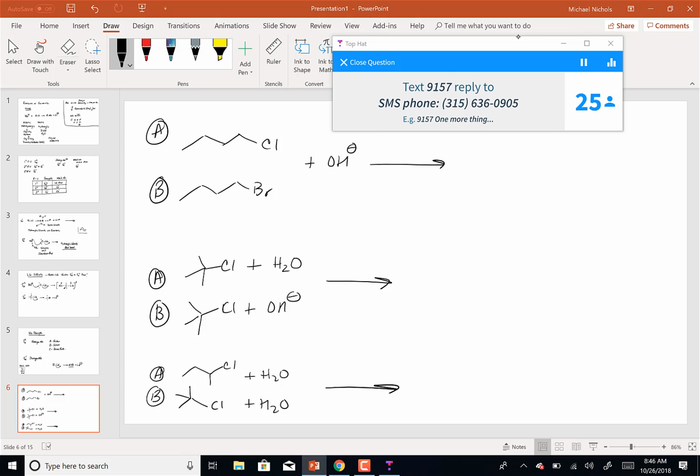And if you've answered the first one, take a look at the next two, because we're going to go right down the line here. So for the first set, which one is faster? A, B, or they're the same rate? Another couple seconds.